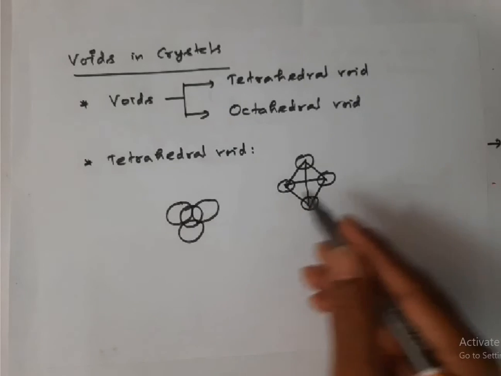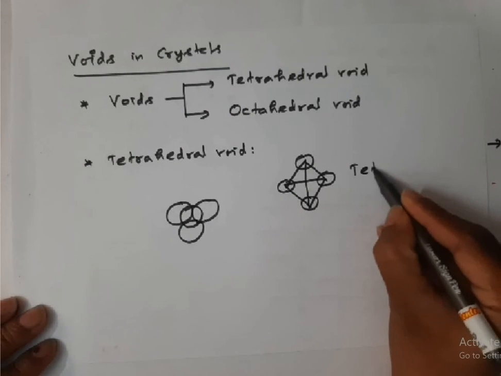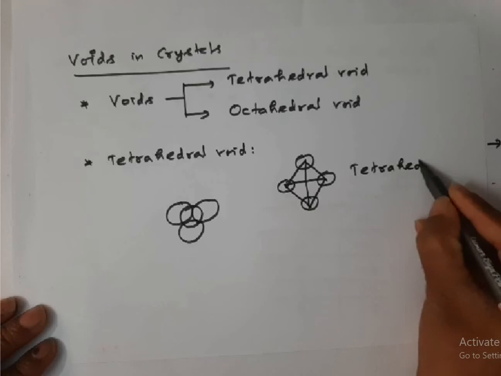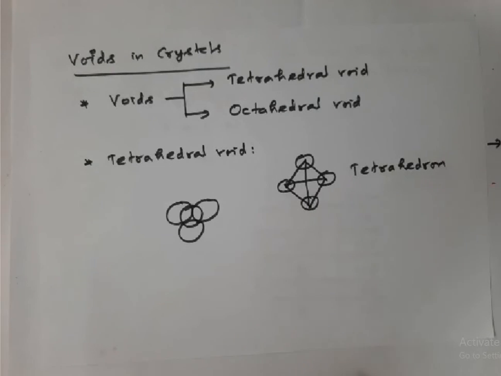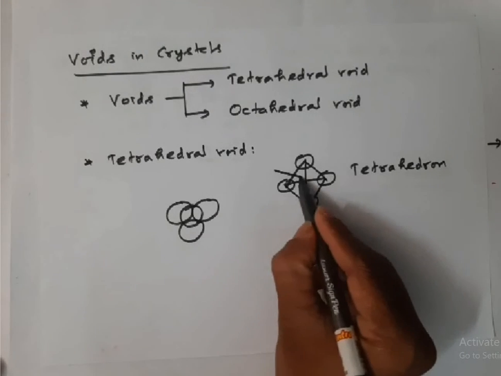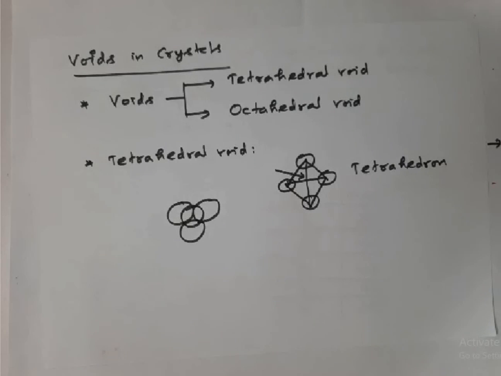The structure looks like a tetrahedron. Listen, the middle of this tetrahedron, that is the middle of these four balls, has some gap. That gap, that empty space, is what we call a tetrahedral void.